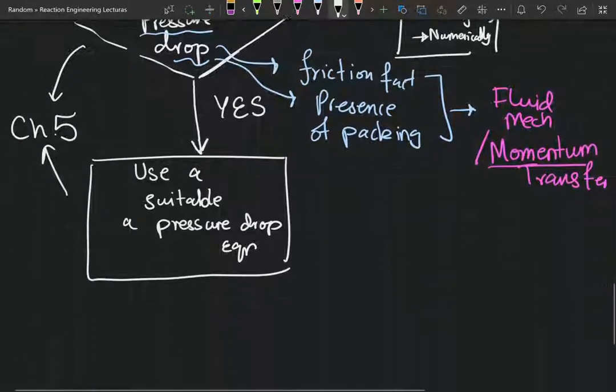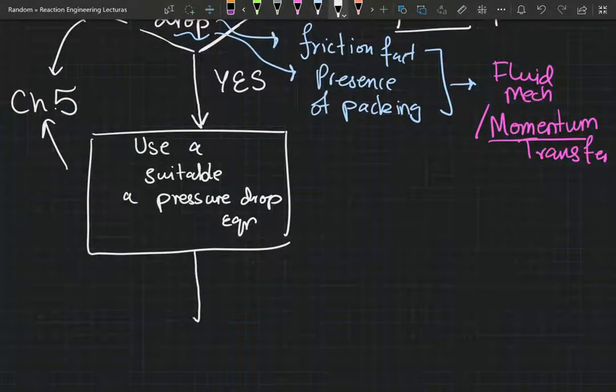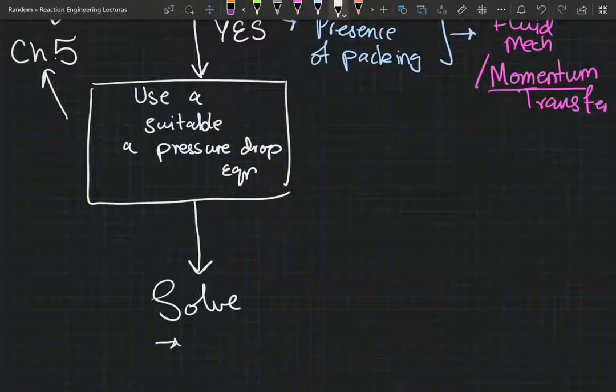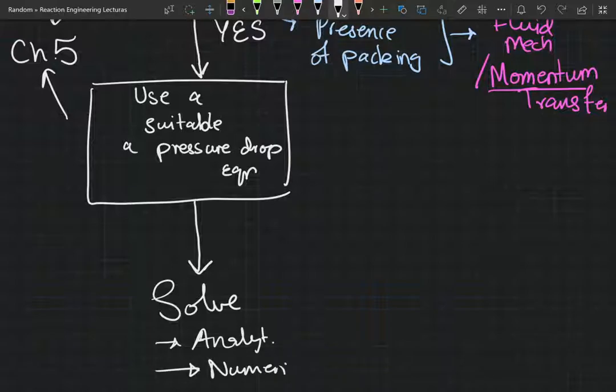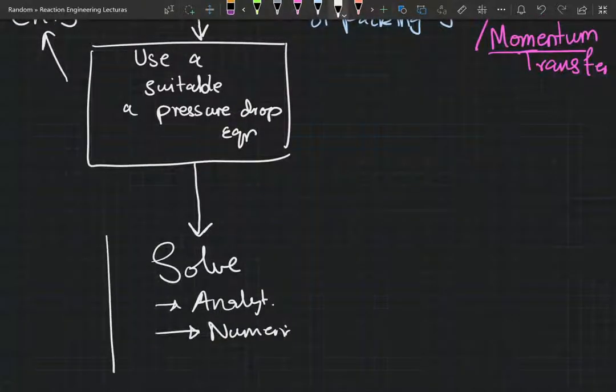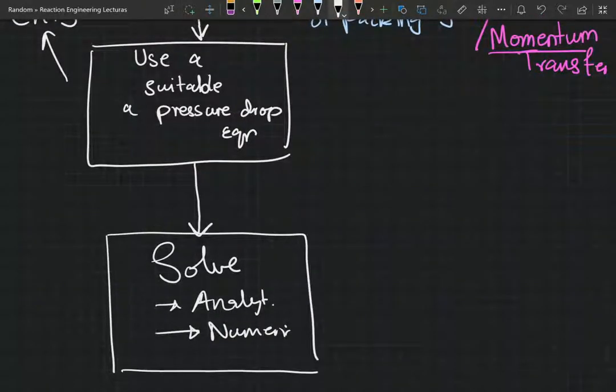All right, chapter 5. And once you have the pressure drop equation, solve again, either numerically or analytically. Okay, I can't spell today, my bad. Analytically or numerically. And there you have it.